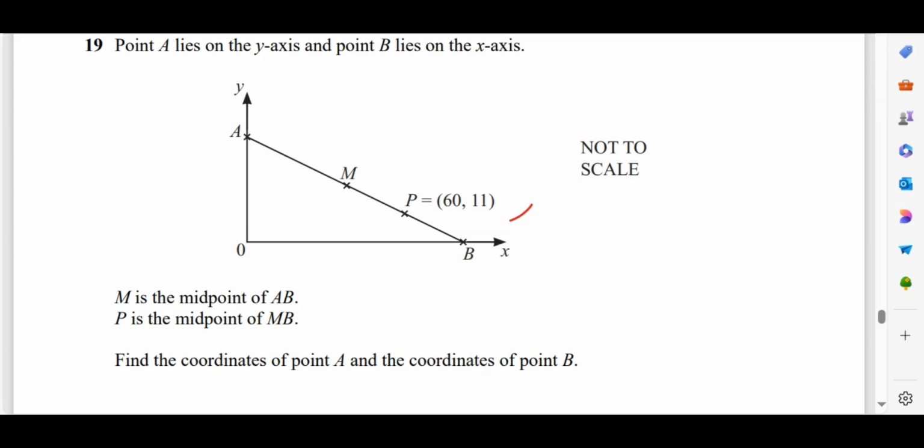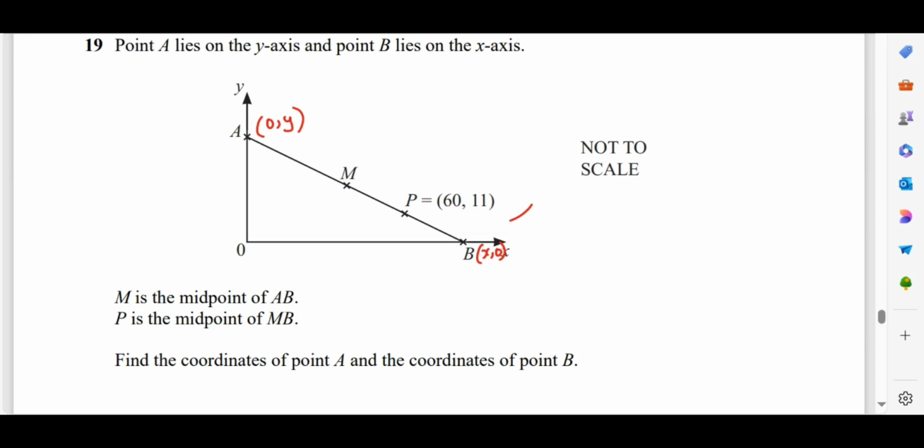So the first thing we need to do here is to assign coordinates for A and B. A is 0 and y, of course, since at this point the x value is 0. And for B, we have x and 0, because at point B the y value is 0. So what does that mean?